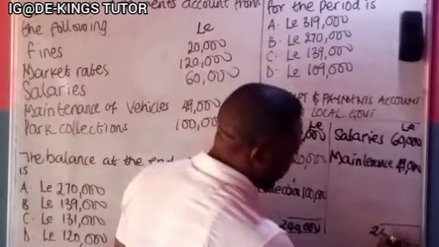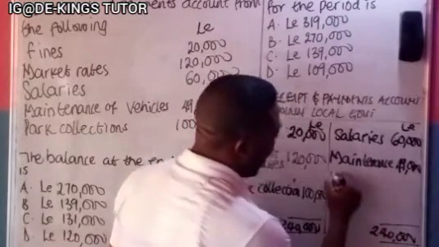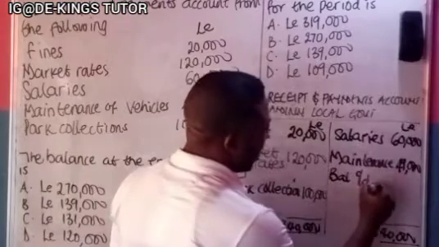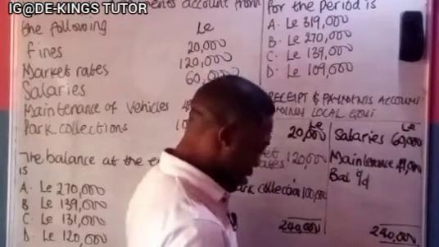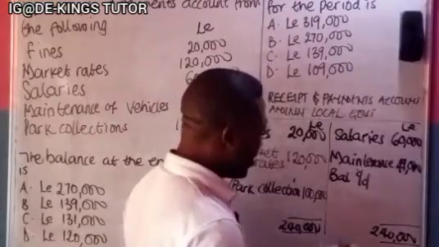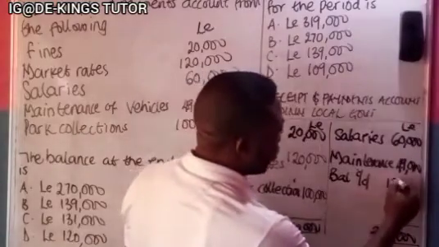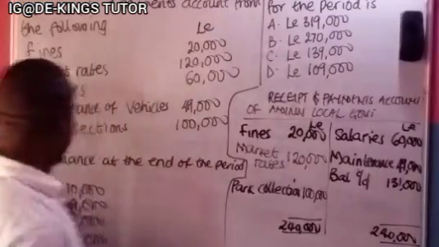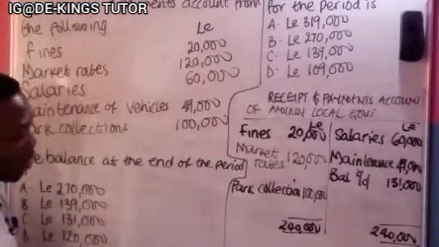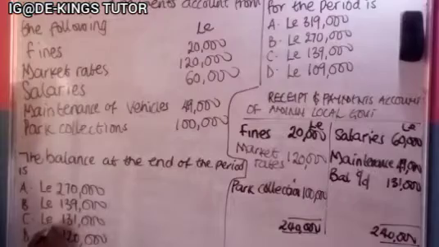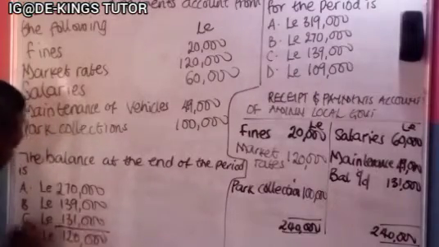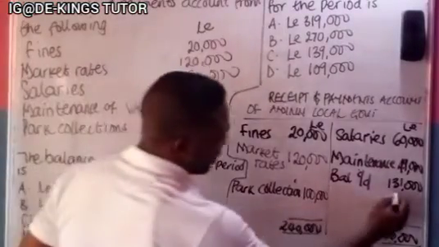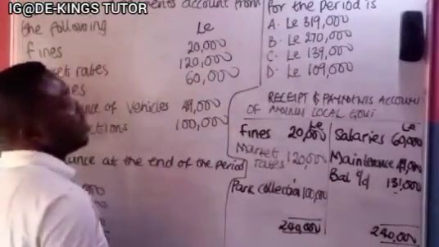So 240,000 minus 109,000 will give us the balance carried down, 131,000. So they said the balance at the end of the period is 131,000. So C is the answer, 131,000.